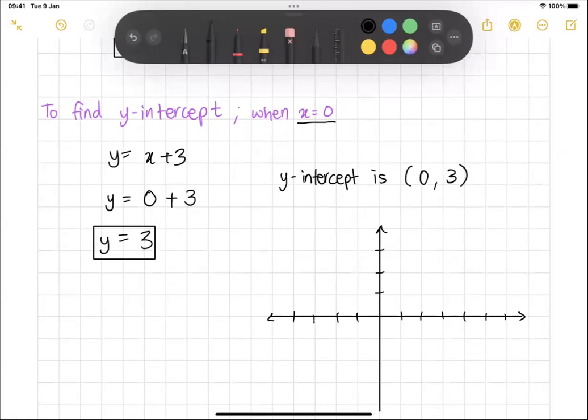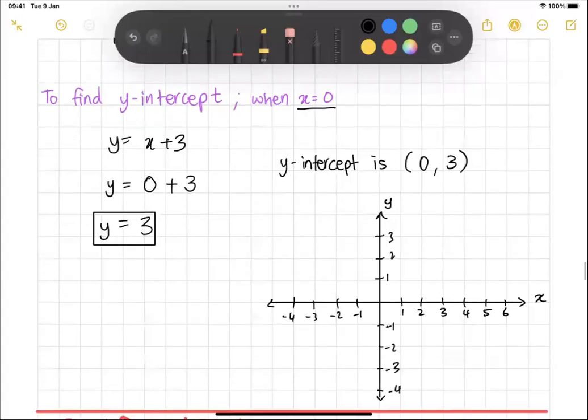Just like this. And then label it. This will be my x-axis, the horizontal one, and my vertical will be my y-axis. Hopefully this makes sense.